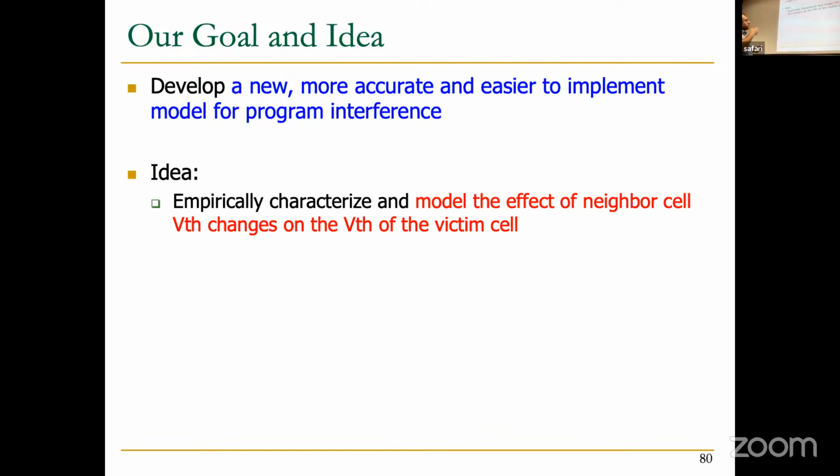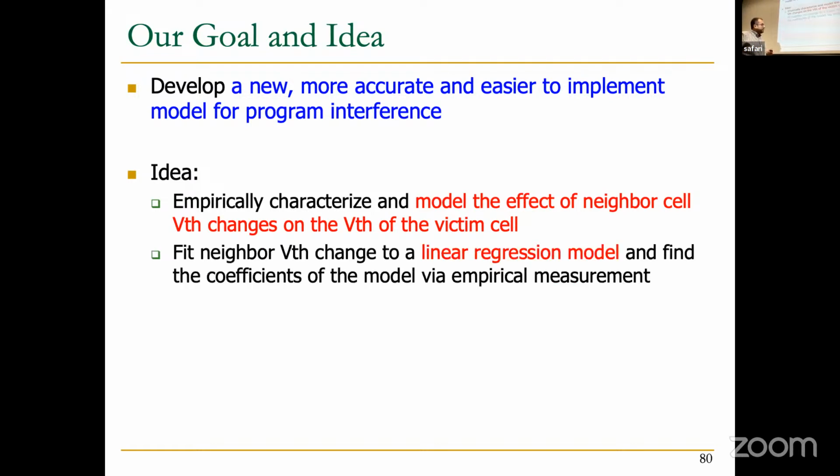Our idea is to empirically characterize and model the effect of neighbor cell voltage changes on the threshold voltage of the victim cell, and use a linear regression model to connect the threshold voltage changes of the neighboring cells and the victim cell.